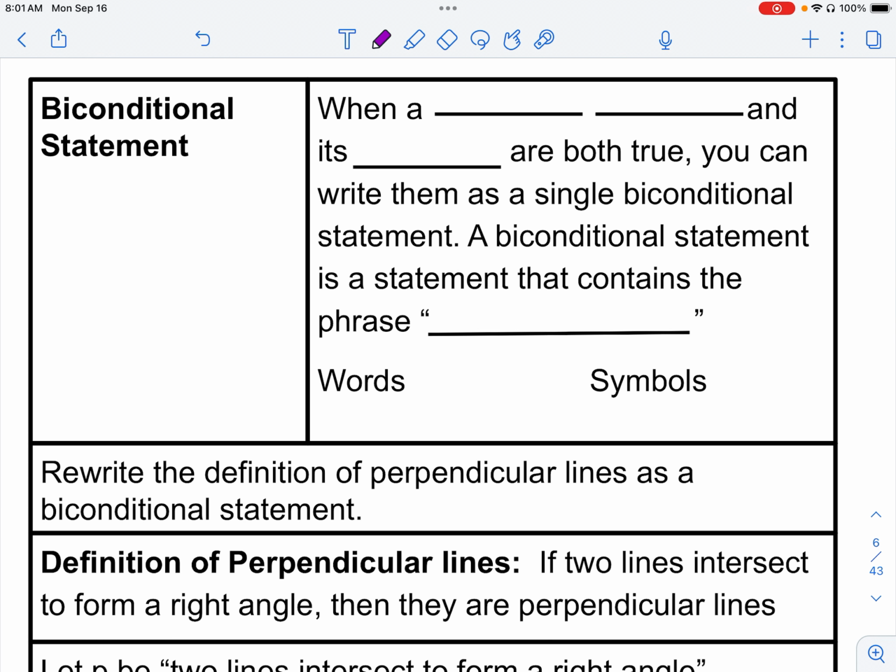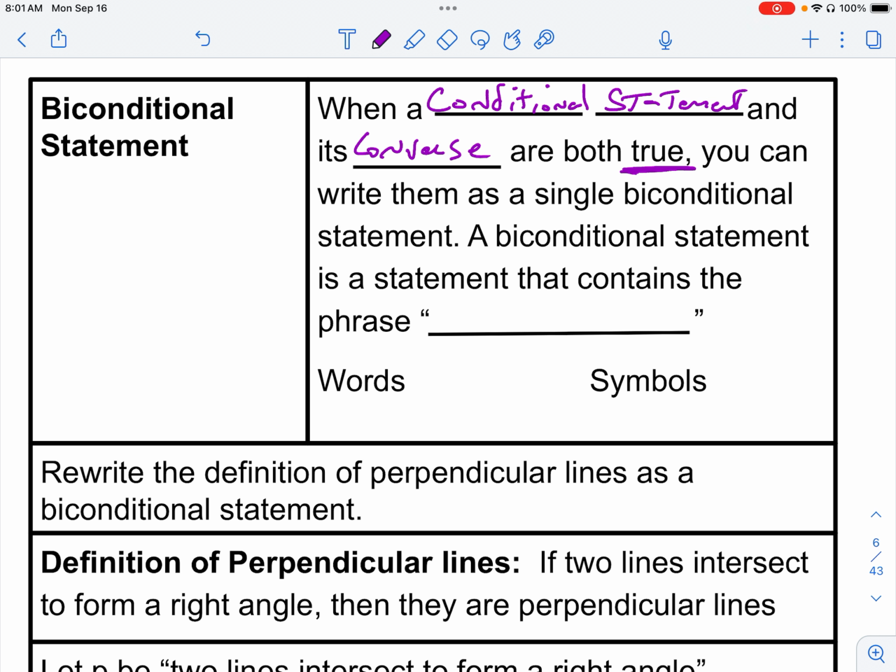Now earlier, just a minute ago, we talked about definitions and the conditional statement and the converse being true when we use definitions. Well, what that's going to create is when we have a conditional statement and its converse, both true, we can write them as a single biconditional statement.